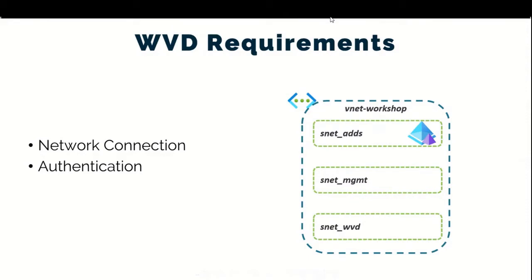But normally, if you have, for example, your corporate environment and you want to deploy WVD in your corporate Azure resources, you might need to use the on-premise AD to authenticate users. It doesn't matter if you use on-premise AD, Azure AD DS, or Azure AD. What matters is that you need to have the source for the authentication, right? This is the most important thing.